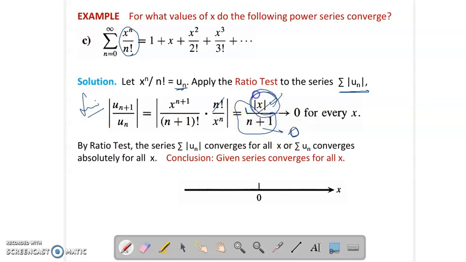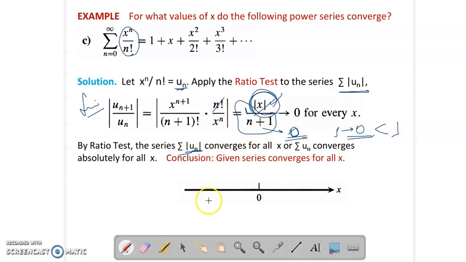Irrespective of what value mod x is taking, every time this limit will turn out to be 0. So our number rho is equal to 0, and we say that this series converges for all values of x, right? By ratio test, we say that this series converges for all values of x because rho turned out to be a number less than 1.